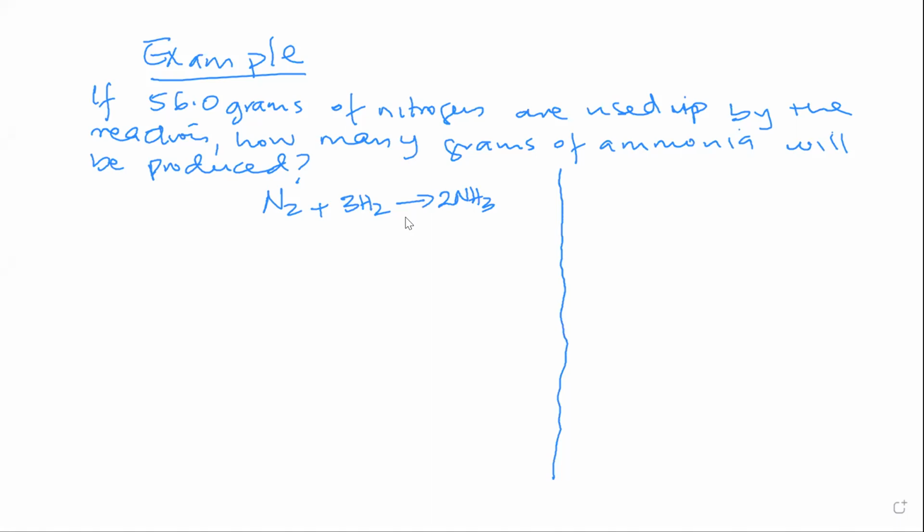Because this is from one substance to a different substance, obviously we have to use mole ratio. It's a stoichiometry problem, but we can't go from grams to grams. So what we do is change grams of nitrogen to moles of nitrogen.